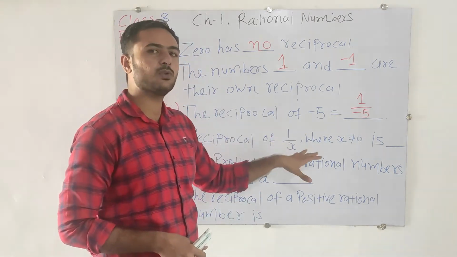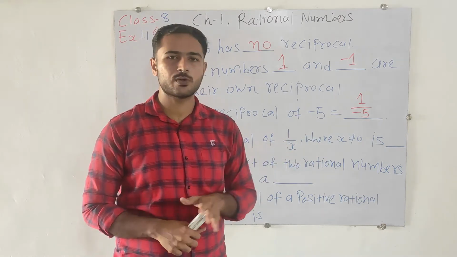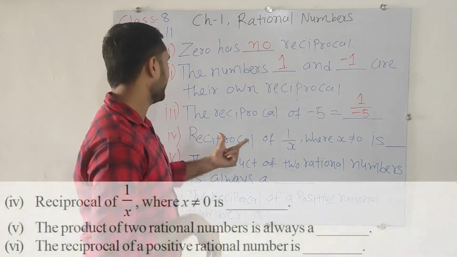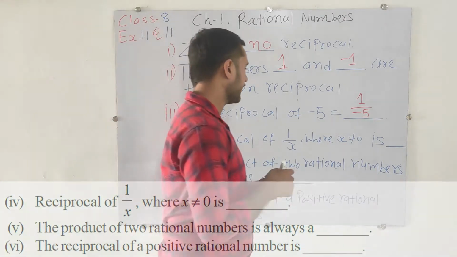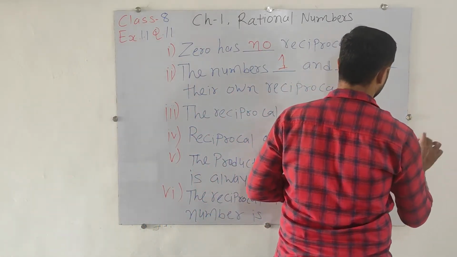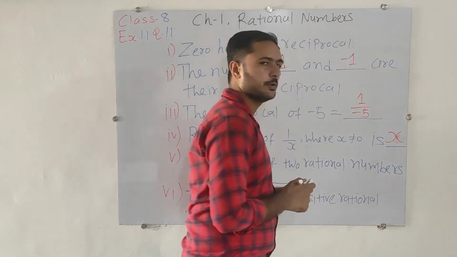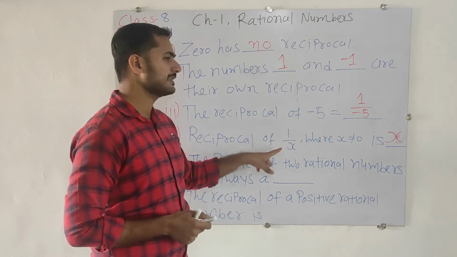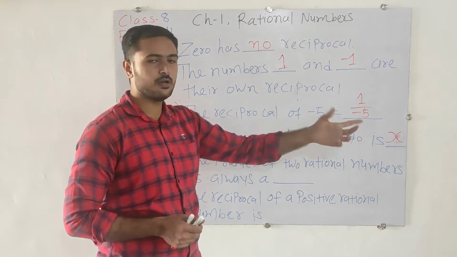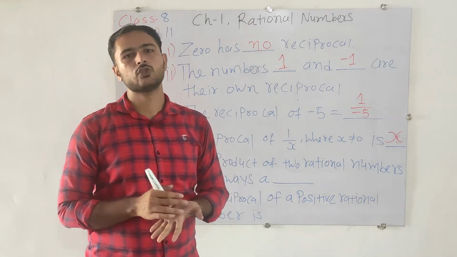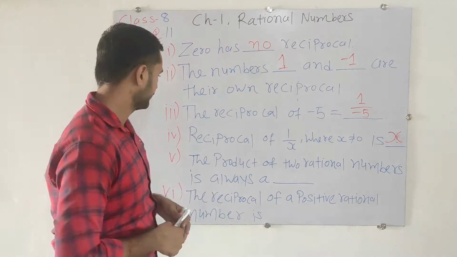So we have to consider that x is not equal to 0. Now the reciprocal of 1 by x will be x only. The process is always the same: we just shuffle the numerator and the denominator. Here x is the denominator, so it becomes the numerator, and 1 is the numerator, so it becomes the denominator. But there is no need to write 1 in the denominator, that's why we didn't write it.